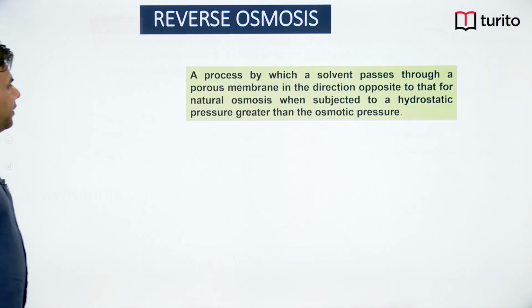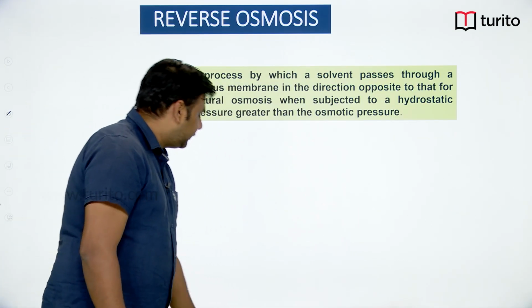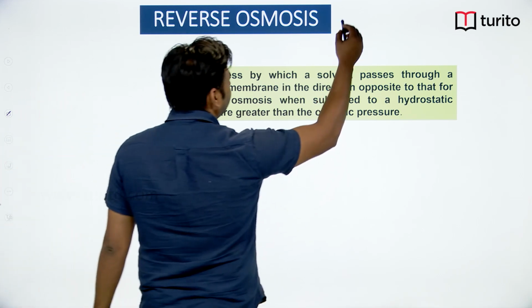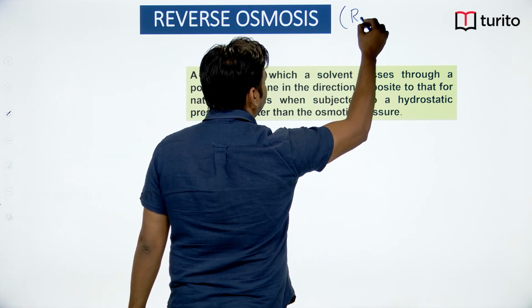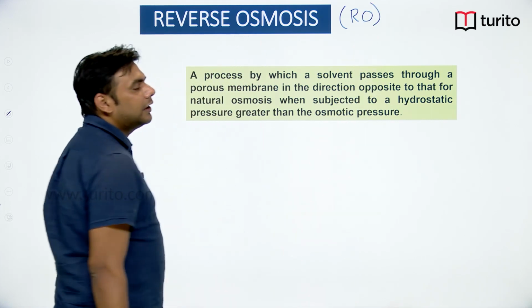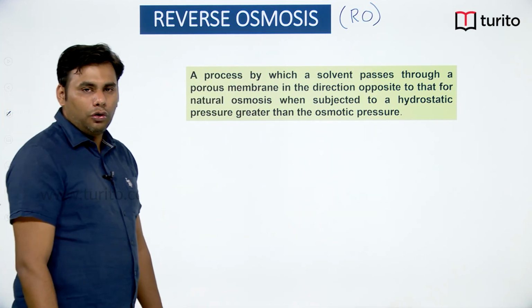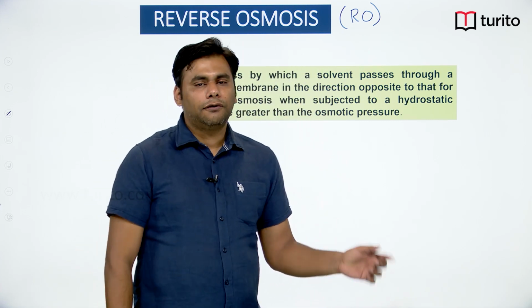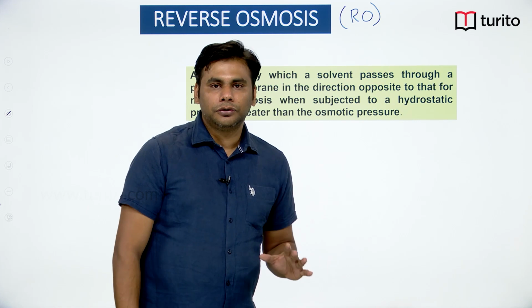Now let us look at the concept of reverse osmosis. Reverse osmosis is a very common phenomenon that you also observe in your home. All the water purifiers, if you look at your water purifier, are also called RO.